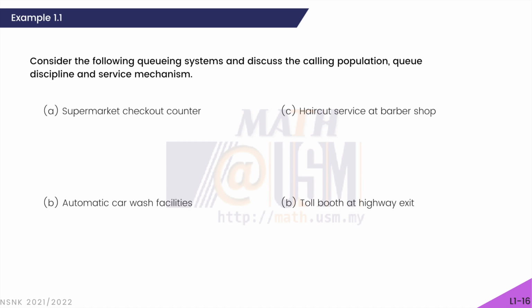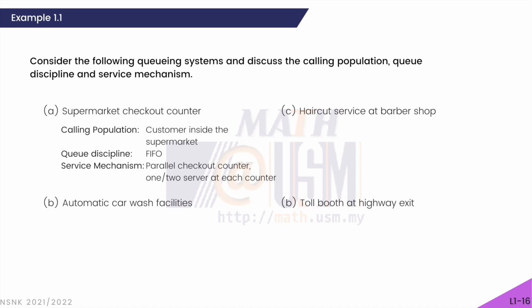Let us look at one example, where we want to discuss the calling population, queue discipline, and the service mechanism of the following queuing systems. The first example is a supermarket checkout counter. The calling population would be the customers inside the supermarket, not necessarily customers who have to buy something.